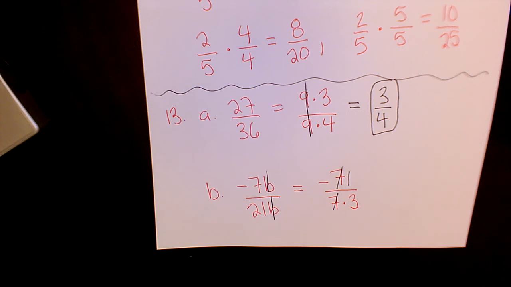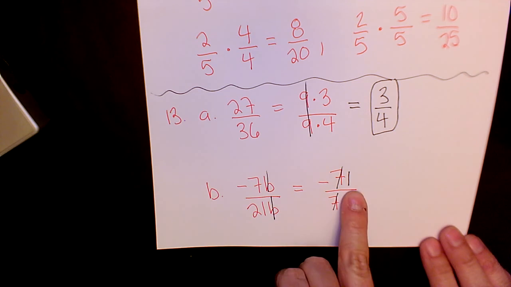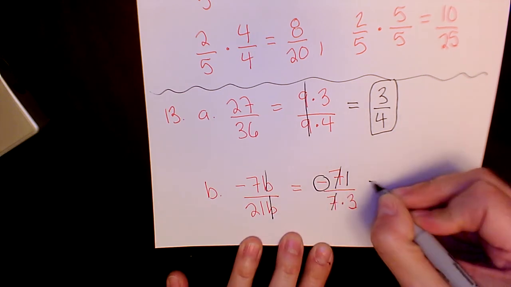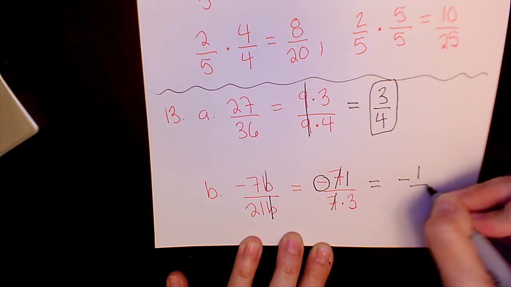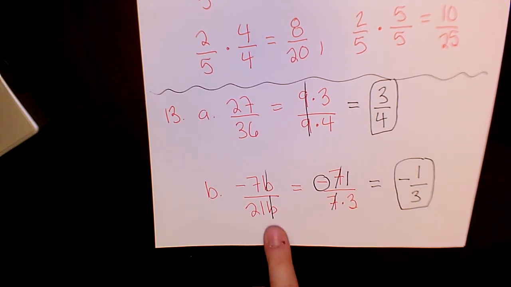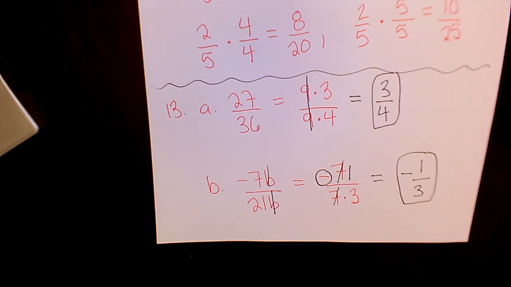Some people think it's 0, but it's 1. So 7 divided by 7 is 1. There's a negative in front of it. So this is negative 1 over 3. And remember, the b's canceled in the beginning. So I always like to look first and see if there's anything I can get rid of right away.